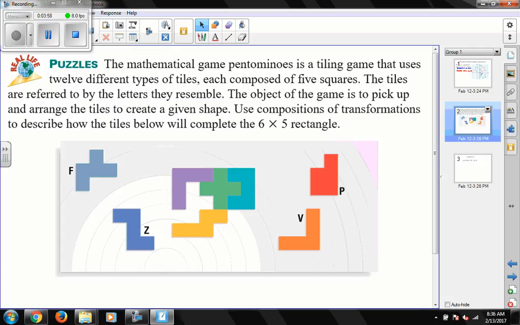In this case, we want to use the tiles given here, F, Z, P, and V, to complete a 6x5 rectangle. The dimension part isn't so important. The key part is that we need to be able to make this rectangle.